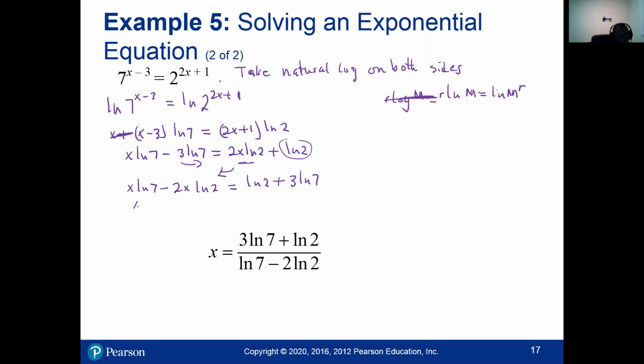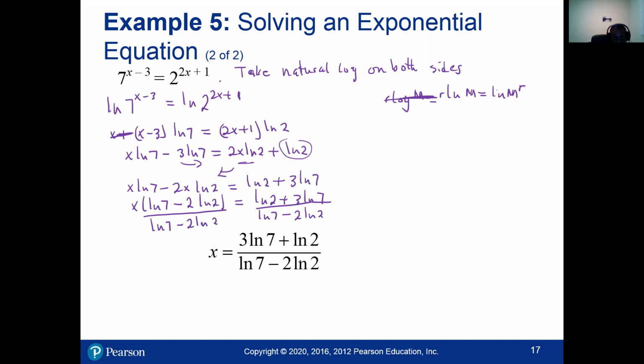You factor x out, so that gives me x times (ln 7 minus 2 ln 2) equal to ln 2 plus 3 ln 7. And then you divide both sides by ln 7 minus 2 ln 2.